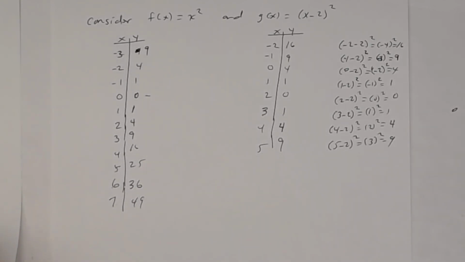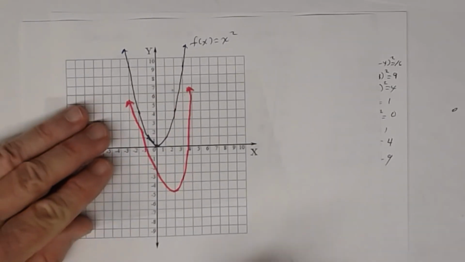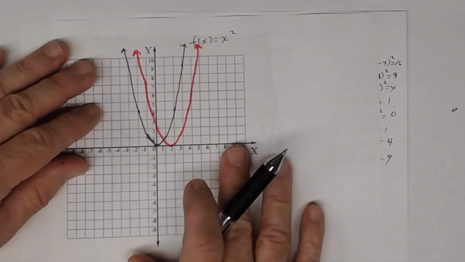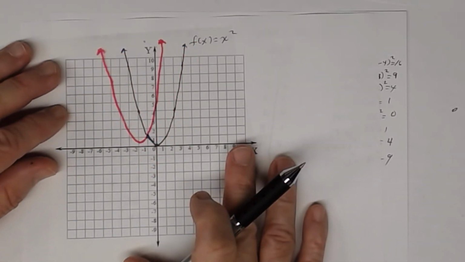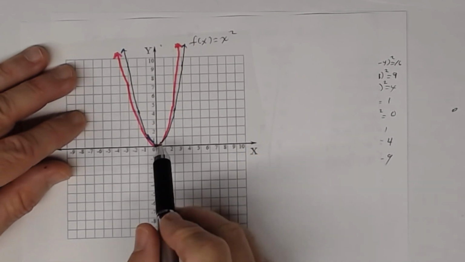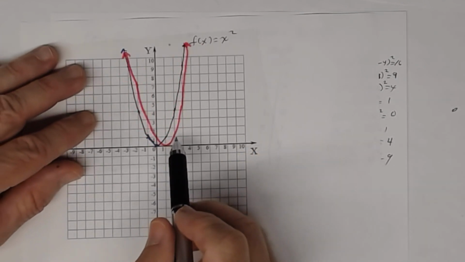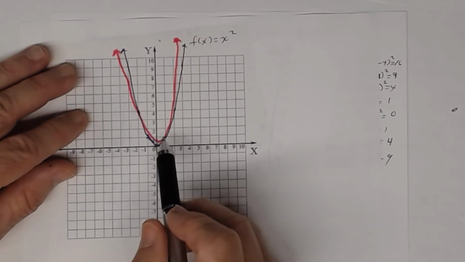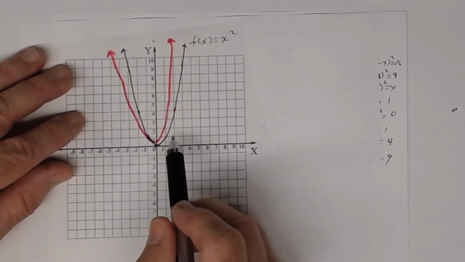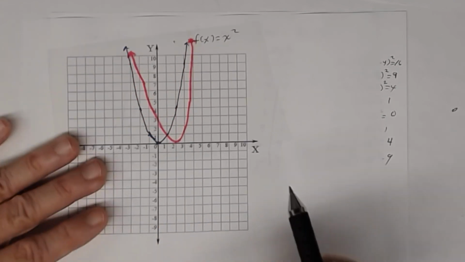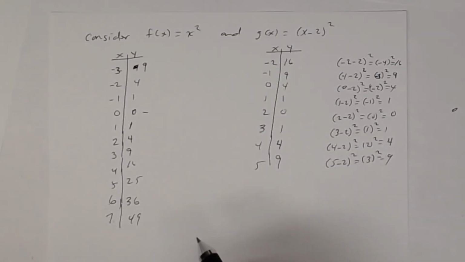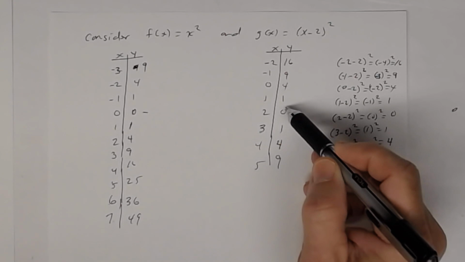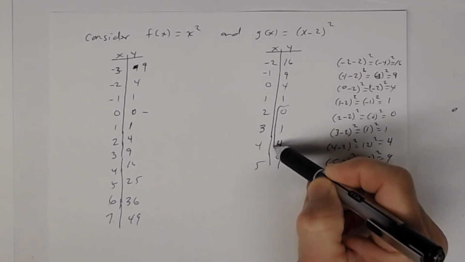So remember when we talked about shifting horizontally, going left, right, we talked about the fact that when I shift horizontally, the y coordinates will stay the same. It's the x coordinates that change, right? So what I want you to notice is, you see this 0, 1, 4, 9 right here.